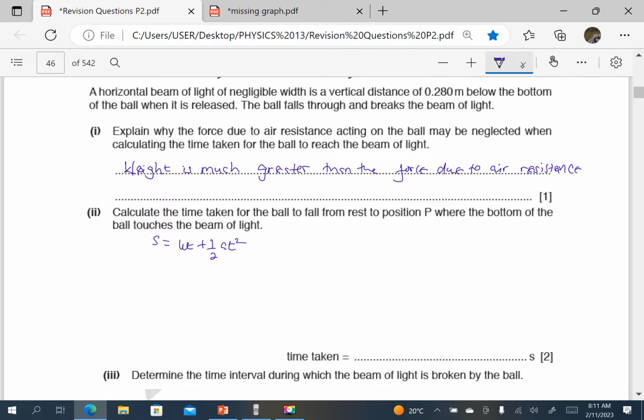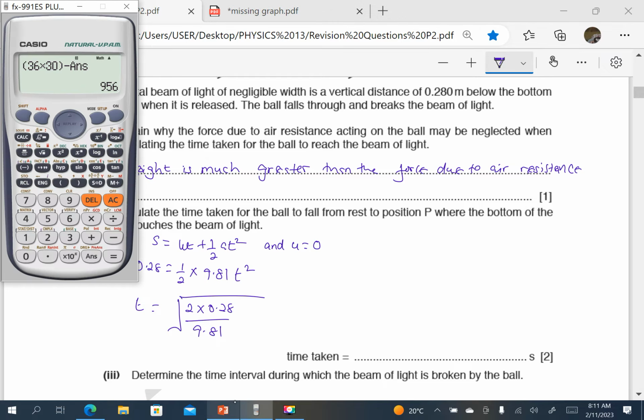To reach position P, it falls through a distance of 0.28. Initial velocity in the vertical is 0 because it started from rest. So this will be equal to a half times acceleration, which is 9.81, times t squared. So t is going to be the square root of 2 times 0.28 divided by 9.81.